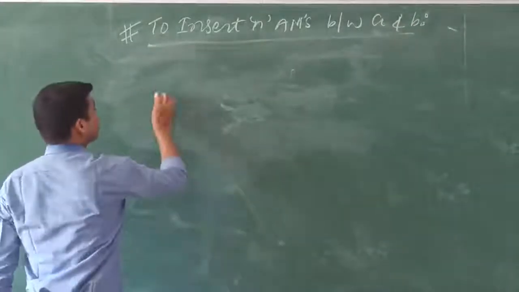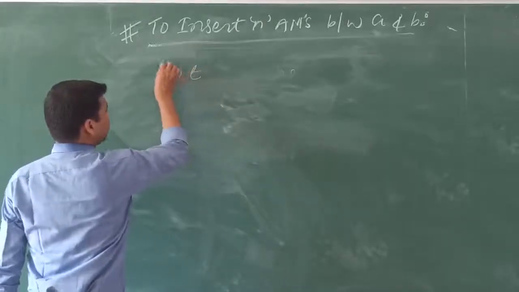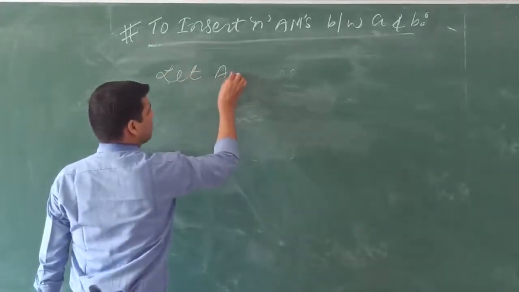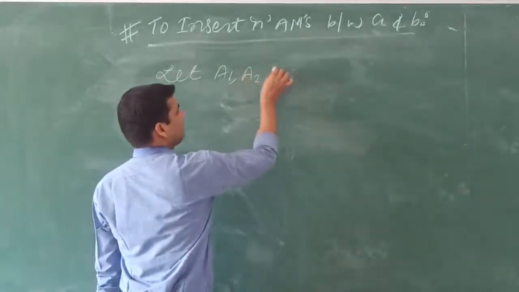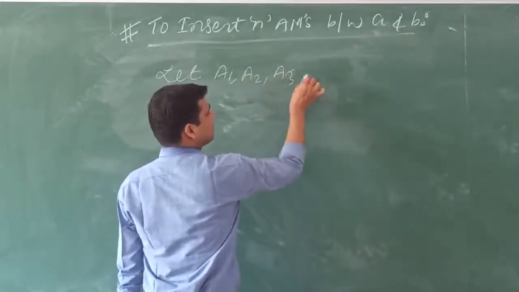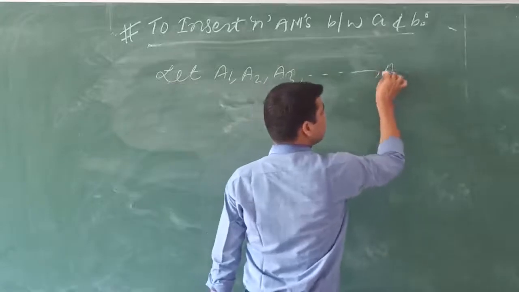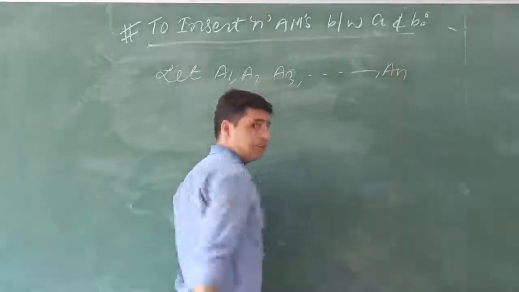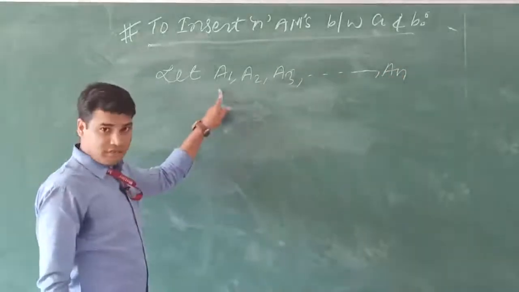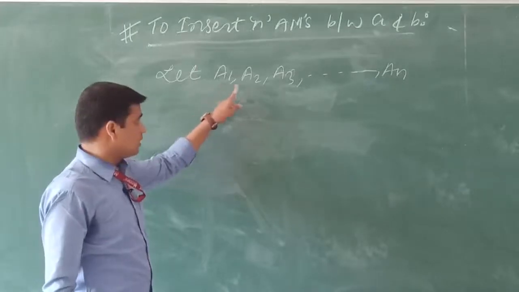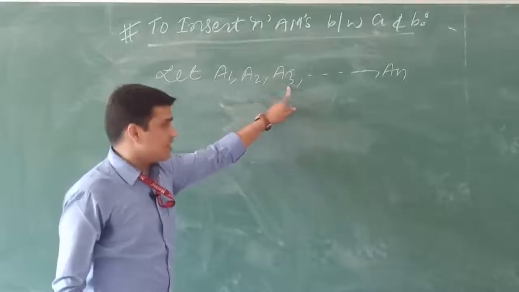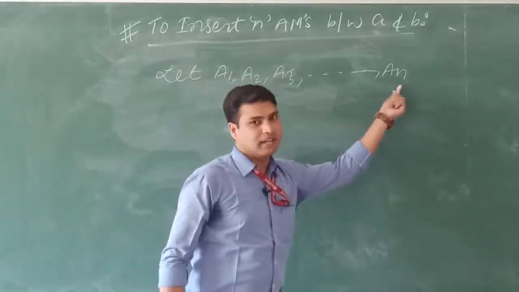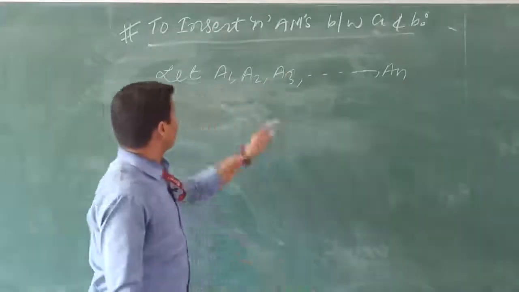So first of all I am going to consider arithmetic means. First, capital A1 means first arithmetic mean. Second arithmetic mean capital A2, third arithmetic mean capital A3. In the same way, nth arithmetic mean capital AN. Now, what is the heading?